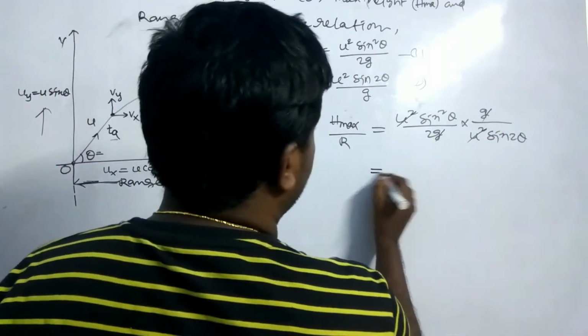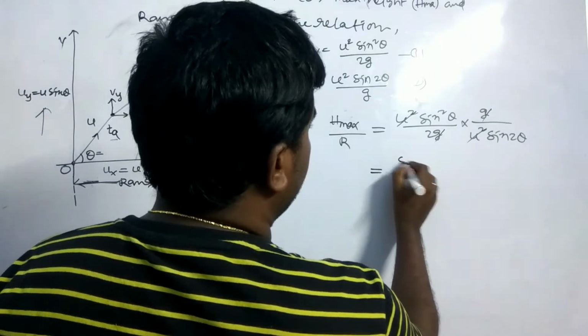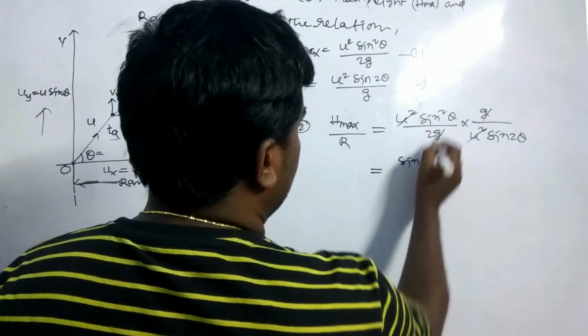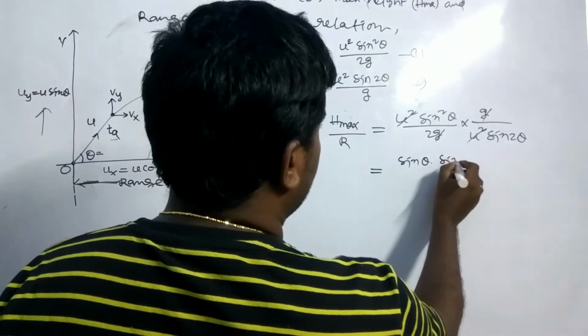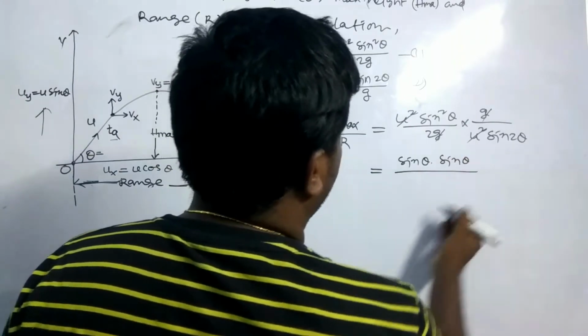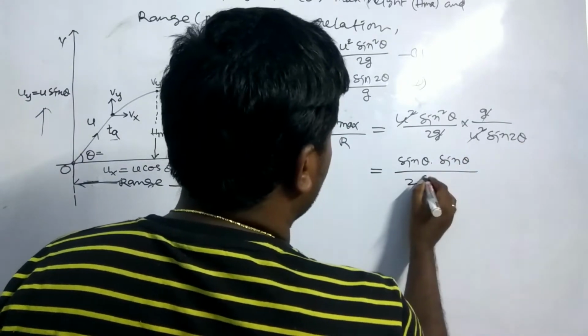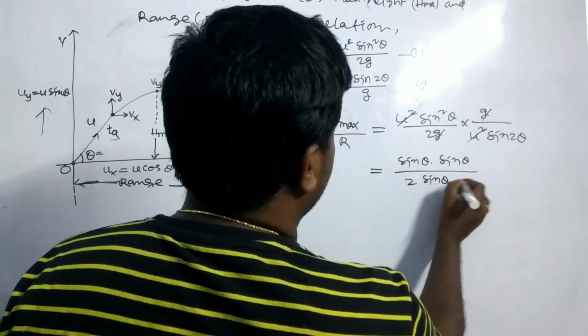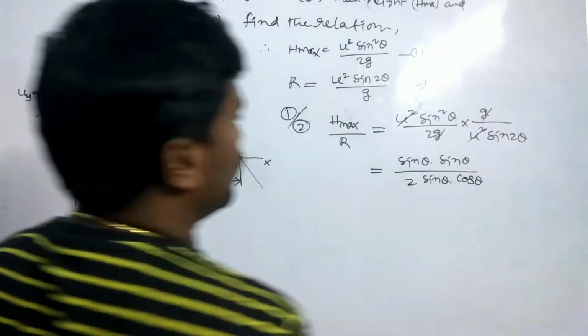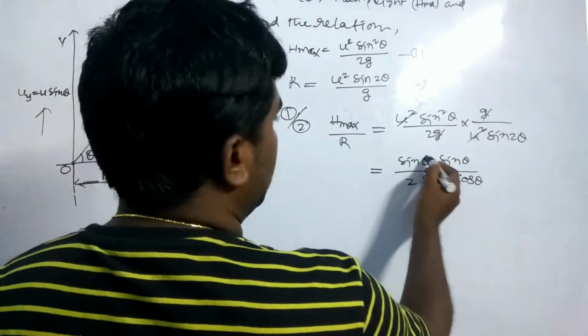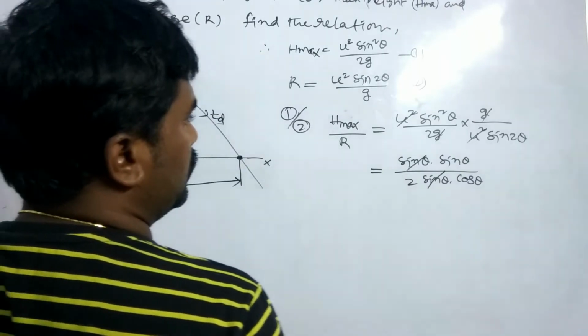It is equal to sine square theta, which is sine theta into sine theta, by sine 2 theta, which is equal to 2 sine theta and cos theta. Sine theta and sine theta cancel out.